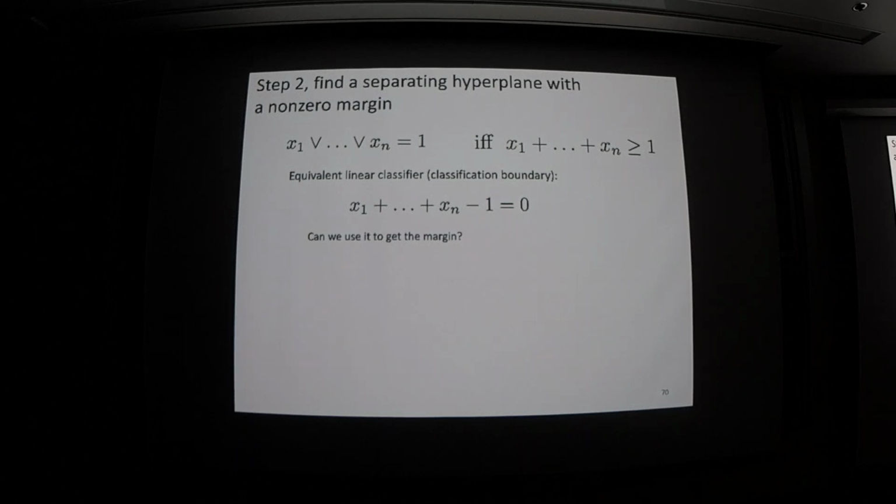Yes, and we look at the minimum distance. But what if some point directly lies on the hyperplane? Then the margin becomes 0. Do we have points in the training set which lie on this hyperplane? Yes, there are endpoints. If we set x1, x2 to xn all to be 1, then this point stays on the hyperplane, so the margin is simply 0.